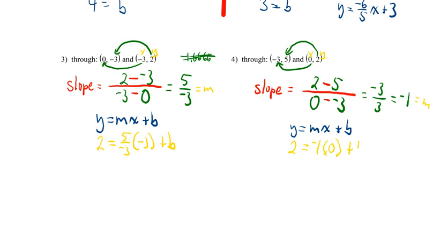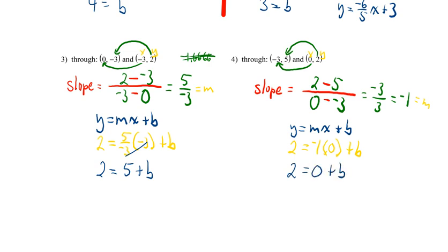And b is what I'm trying to find. So 2 equals, these cancel. I just get 5. Over here, 2 equals anything times 0 is 0.